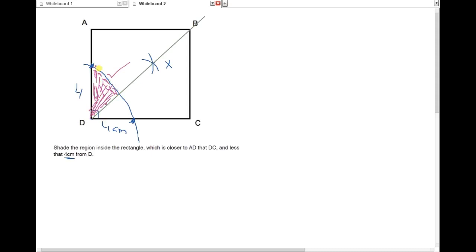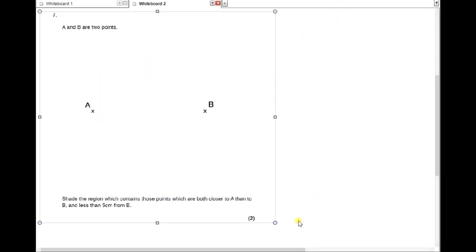You're not shading this blue arc, and you're not including the line segment DX in your region at all. You're simply shading these points which are within these boundaries, and that's it. I hope it is clear. Okay, let's move on and see the next question.